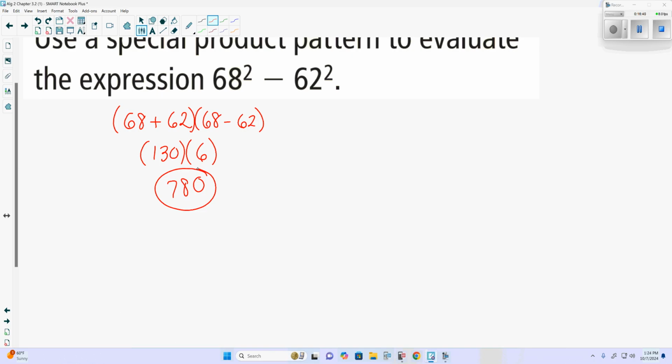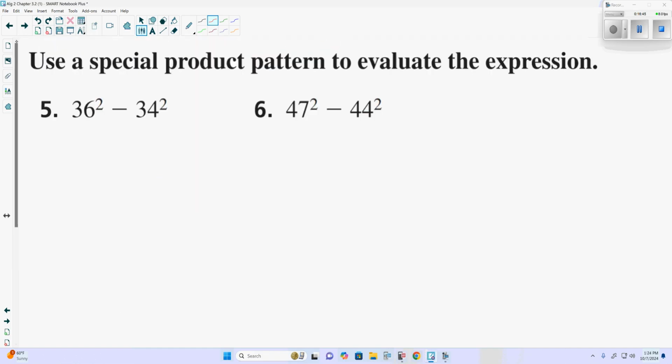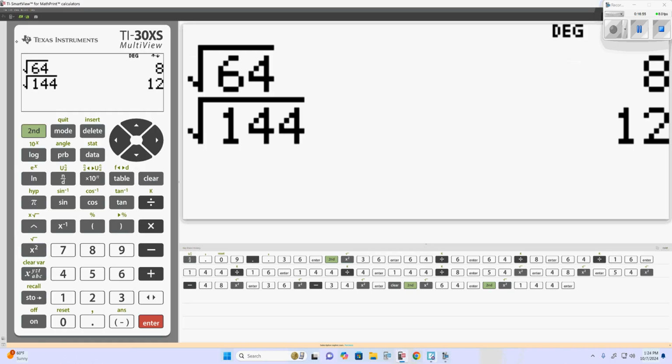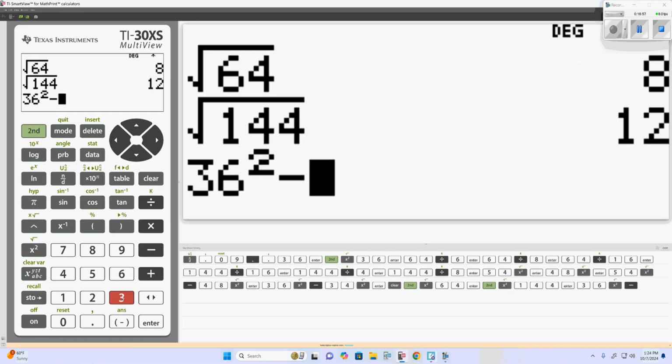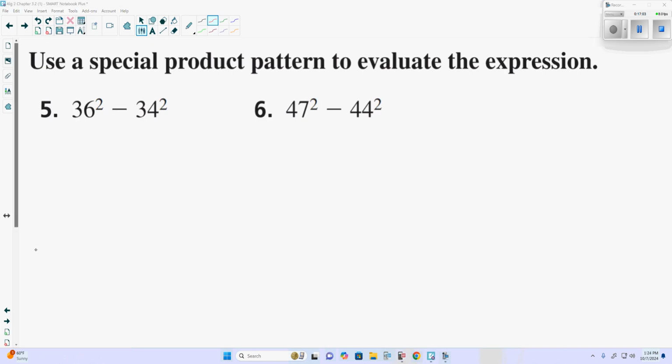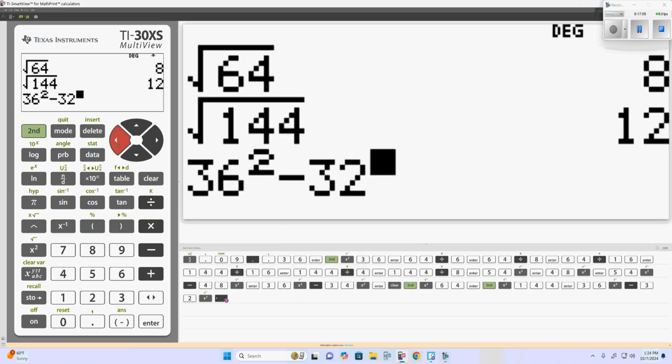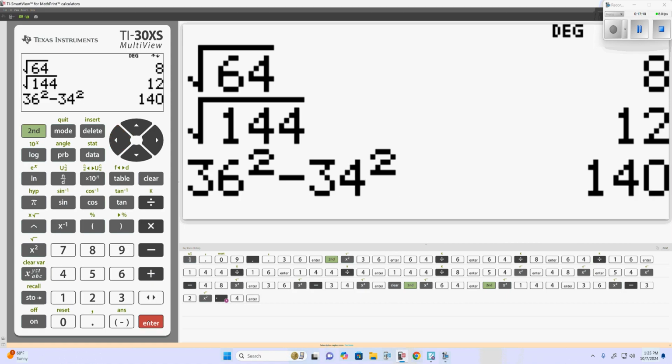I think looking at one more will be helpful. 36 squared minus 34 squared. Now let's start working it. 36, 34. Y'all agree?